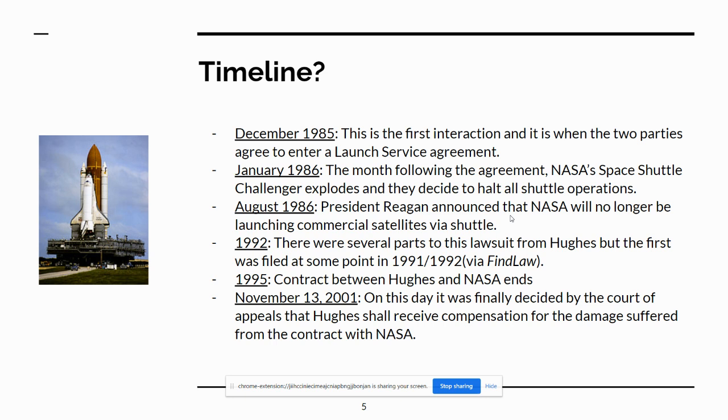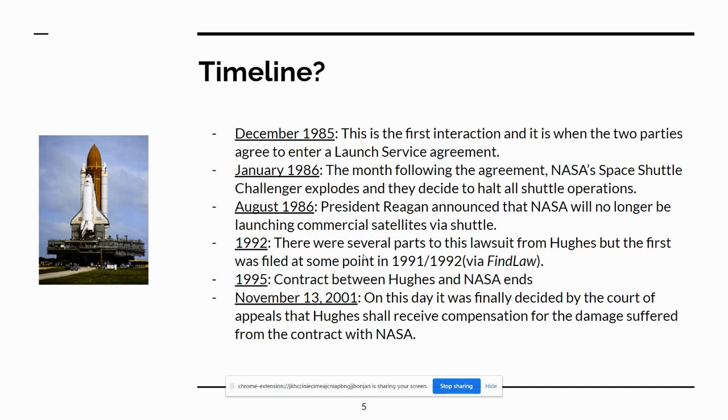It was a couple of years later until a lawsuit was filed. On FindLaw, this is the first case that I could find relating to this, and it was in 1992. So about 6 years after Reagan announced that they would no longer be sending them, and that was the first one, but it wasn't the one that we're looking at.